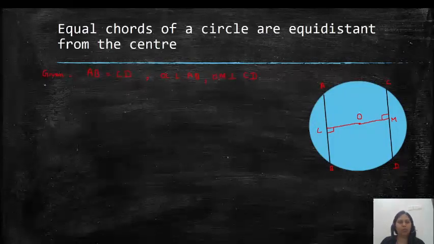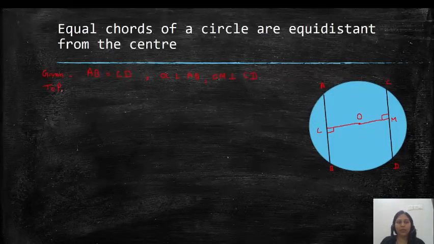Now we have to prove that these chords are equidistant from the center, right? So that means the distances OL and OM. We have to prove that OL is equal to OM. Now let us start our proof.